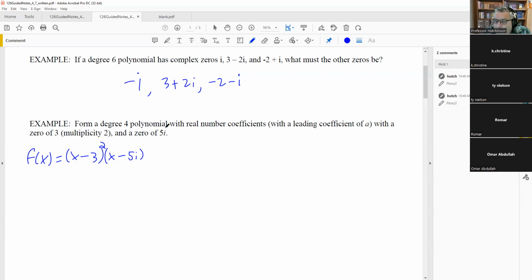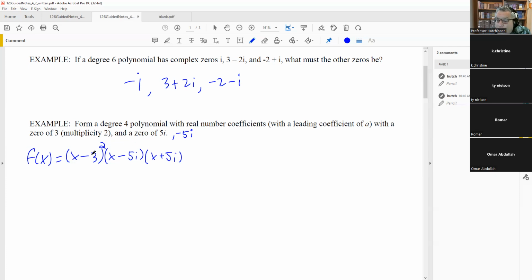What I also know about the 0 is it tells us that there's a 0 of 5i, but automatically we should know that there's also a 0 of negative 5i as well. Remember that these always come in pairs. So if they give you one of them, automatically we know that we should have another one of these. So in fact, I'm going to have x minus negative 5i, which would be x plus 5i that I have there. So it's always x minus whatever the 0 happens to be.